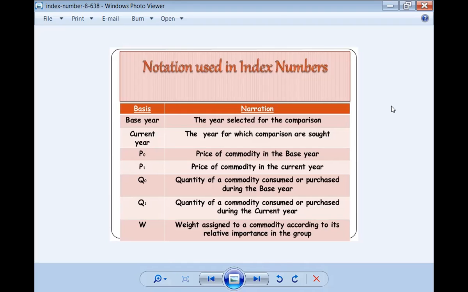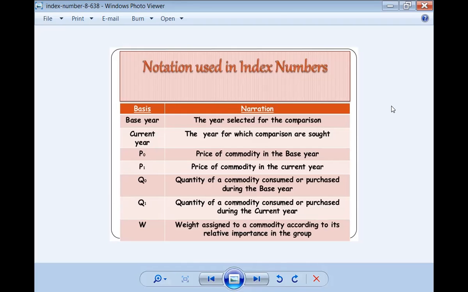Then we are using another two notations for quantity. Q naught is the quantity of a commodity consumed or purchased during the base year. How much quantity was purchased in the last year, the base year, is denoted by Q naught.